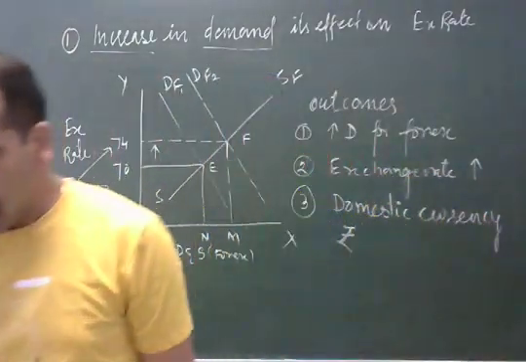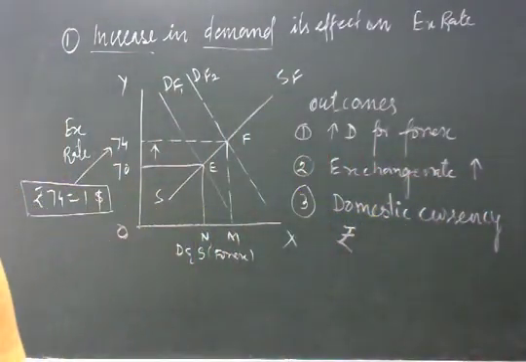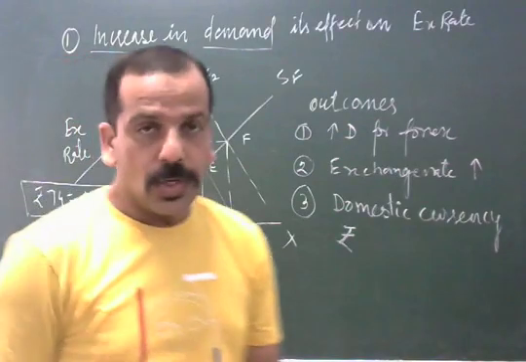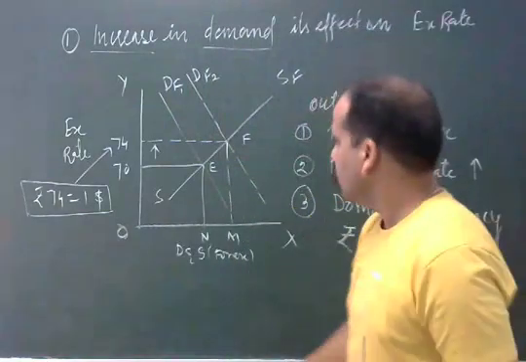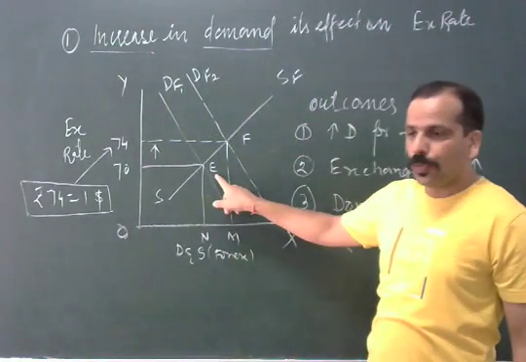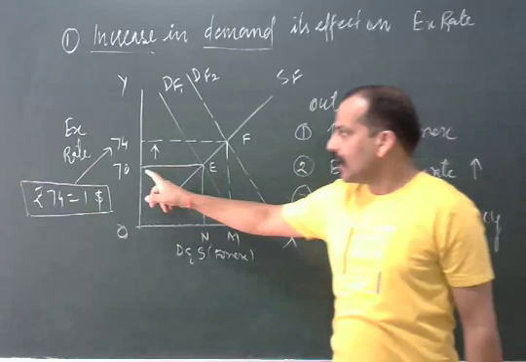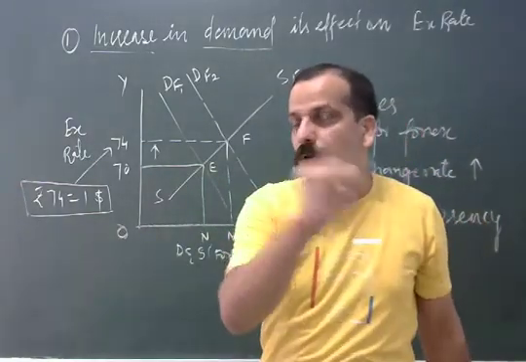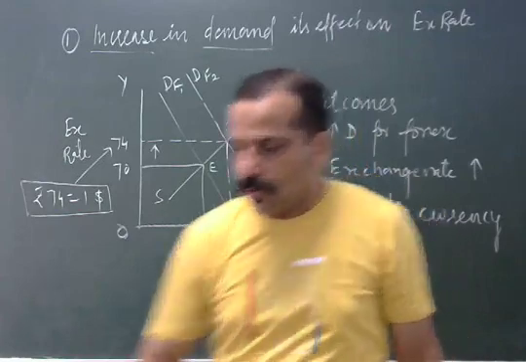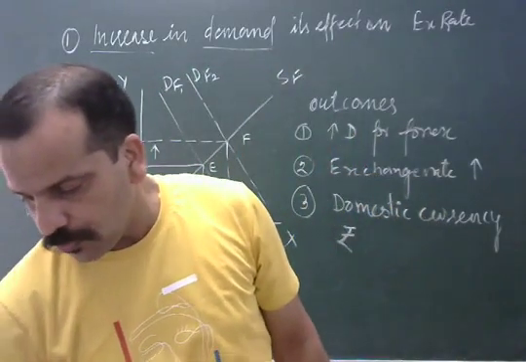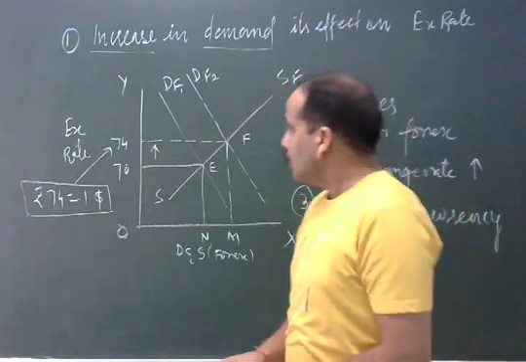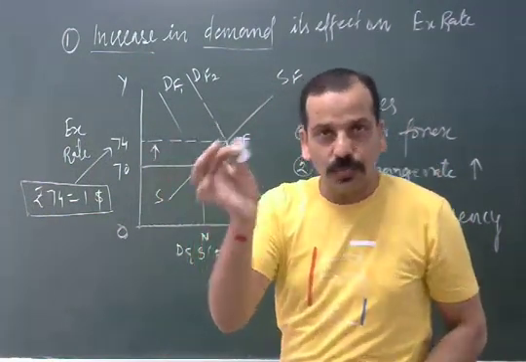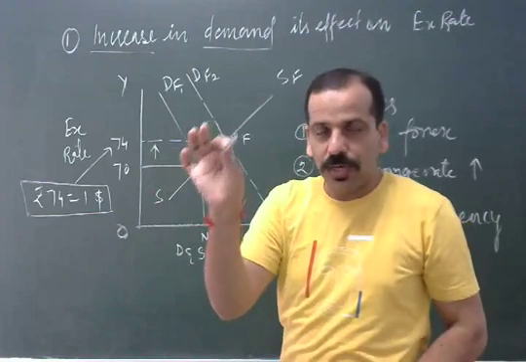Reason. Reason means to get $1, for example, when the exchange rate was at point E, at that time you paid only 70 rupees to get $1. Now, due to the increase in the demand for foreign currency, you have to pay more. See, an extra 4 rupees will be given by you.